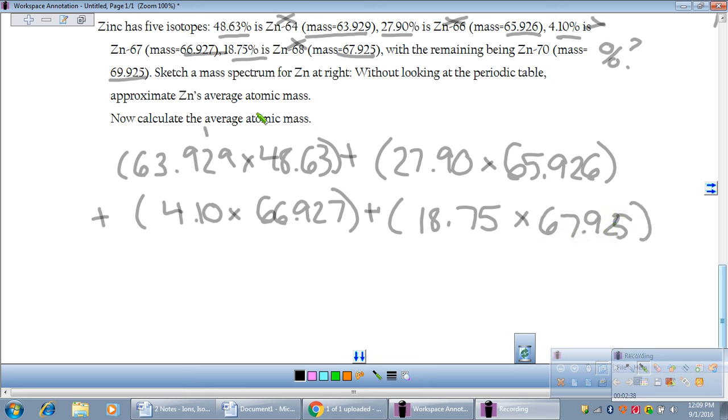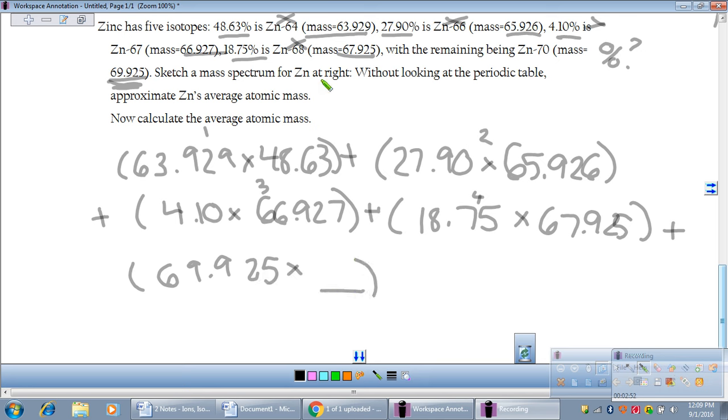So that's for isotope 1, 2, 3, 4. We need one more, plus 5. Well, we have a mass for the 5th isotope, 69.925, but we don't have a percent yet.